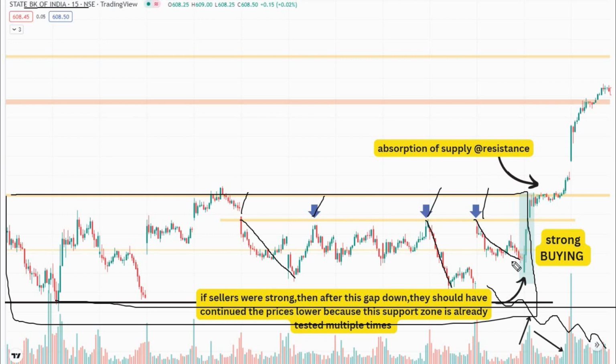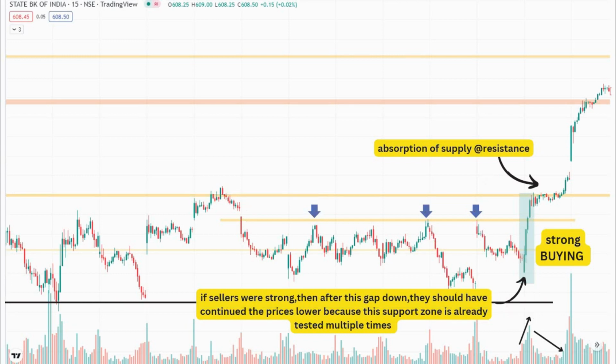That's why the zone is getting tested multiple times, and prices are now forming a higher low formation.